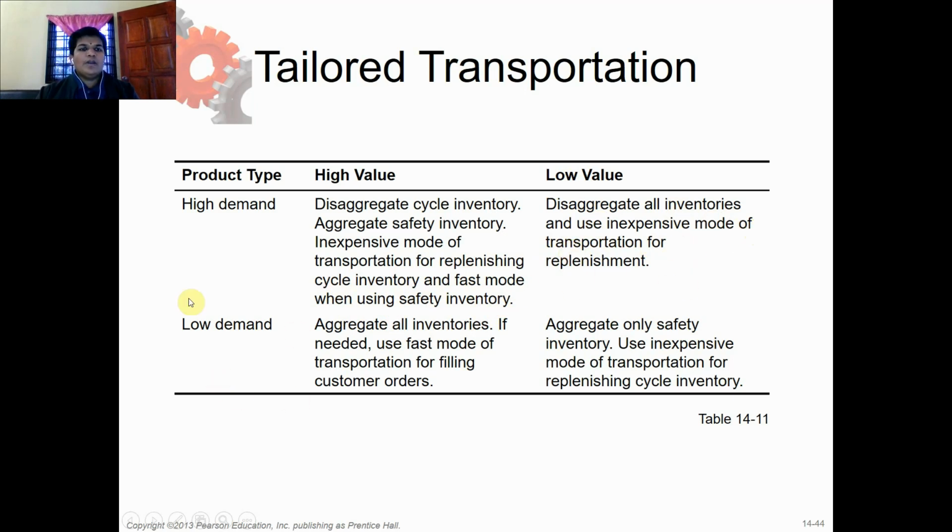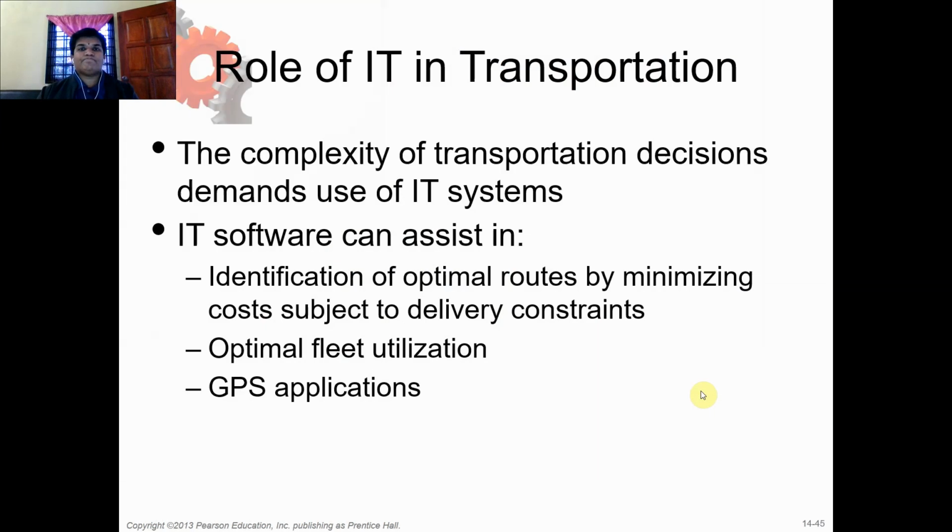Okay. Low demand here, aggregate all inventory. If needed, use fast mode of transportation for filling customer orders. Aggregate only safety inventory. Use inexpensive mode of transportation for replenishing cycle inventory.